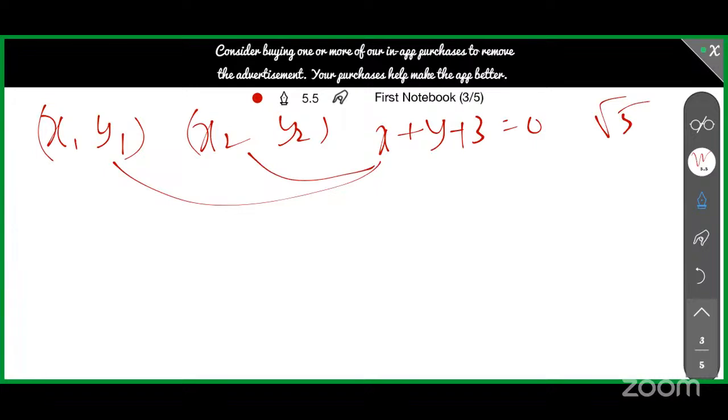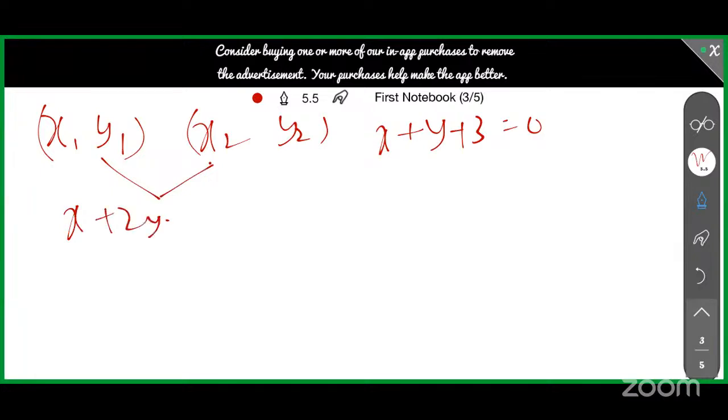Sorry, it is not the other way, it is the other way. Such that the distance of these points to the line x plus 2y plus 2 is equal to 0. That means these 2 points are on the line x plus y plus 3 is equal to 0.